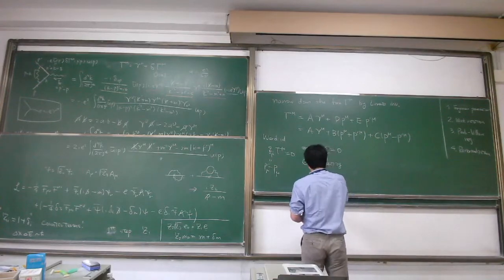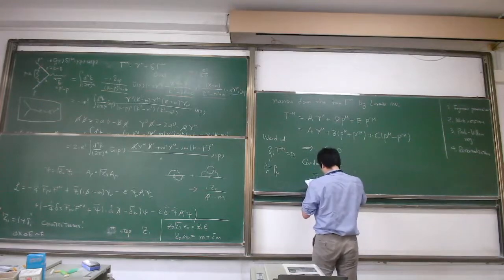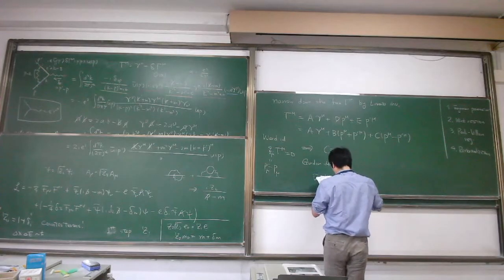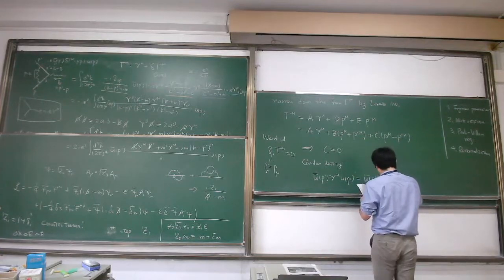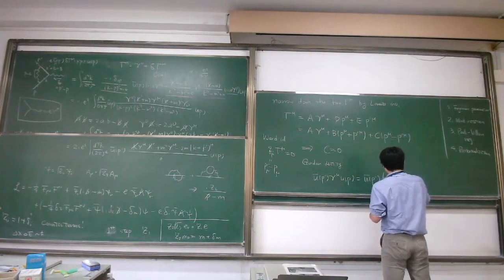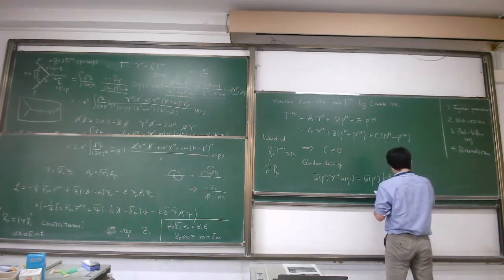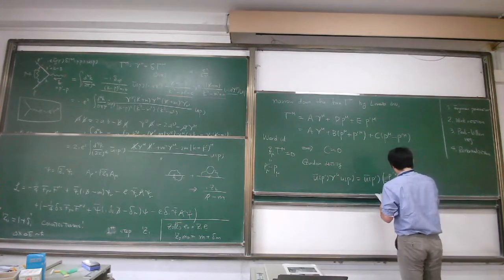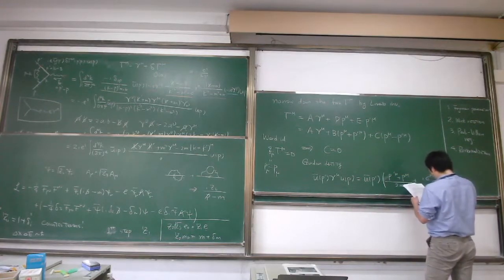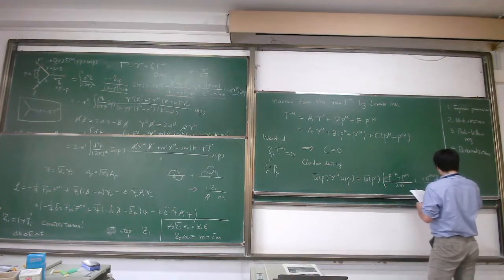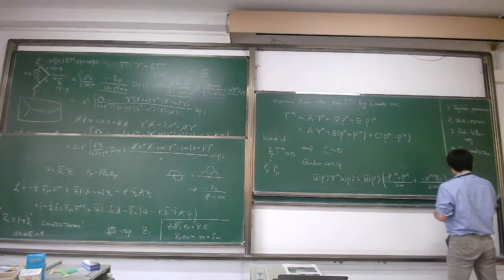Which is ū(p') γ^μ u(p) equal to ū(p')[(p'+p)^μ/2m + iσ^μν q_ν/2m]u(p).